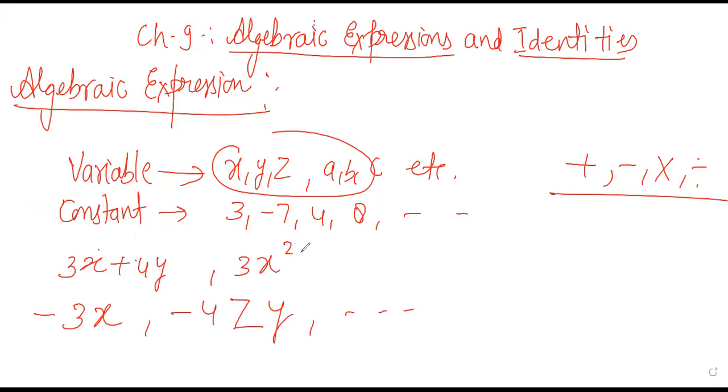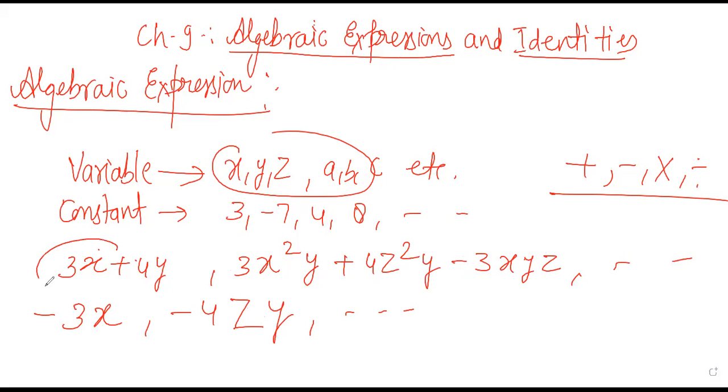If you write in power exponent form, 3x squared y, 4z squared y, with their negative sign, 3xyz. These all are our algebraic expressions.